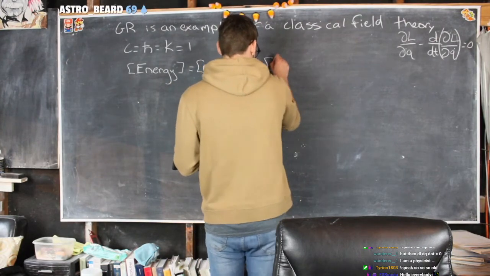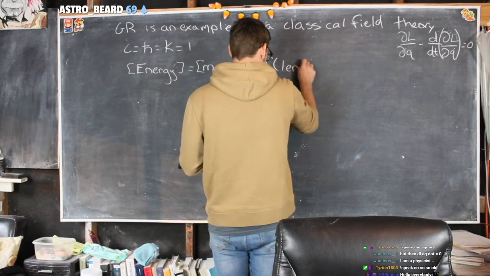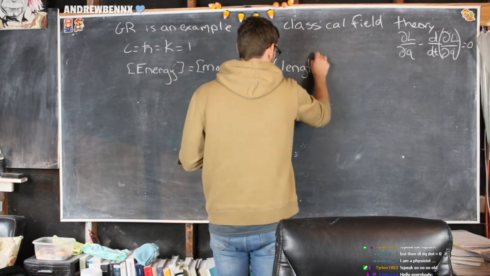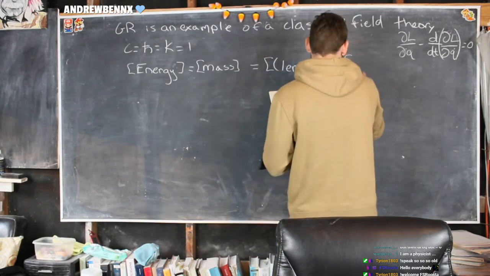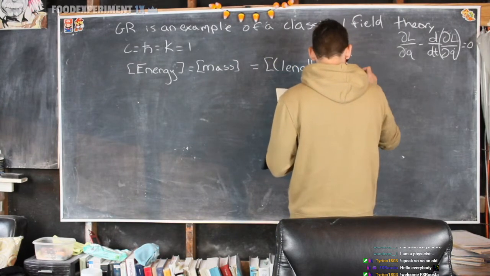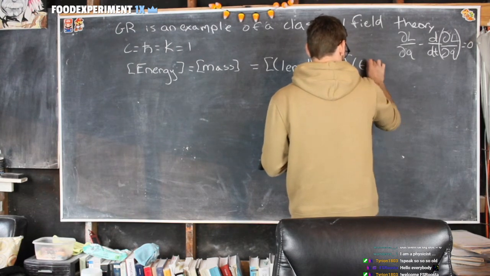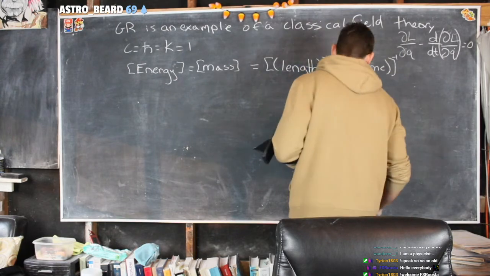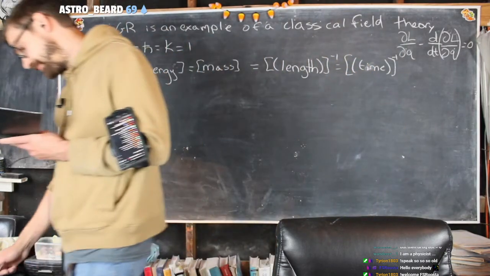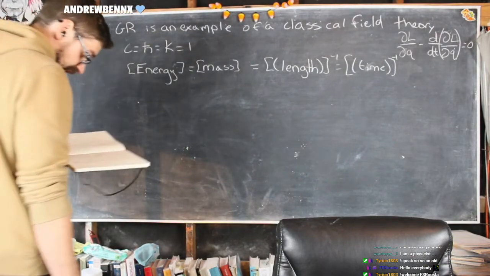And that is equal to the inverse of length, 1 over length. And we know that the units of length and time are interchangeable in natural units. So it's also 1 over time. So we can see that energy has this relationship with 1 over time.